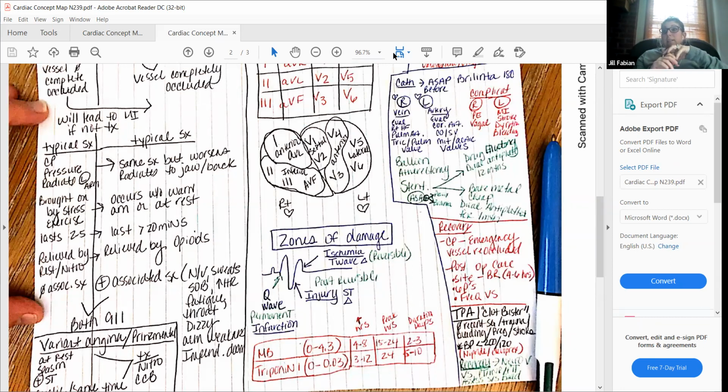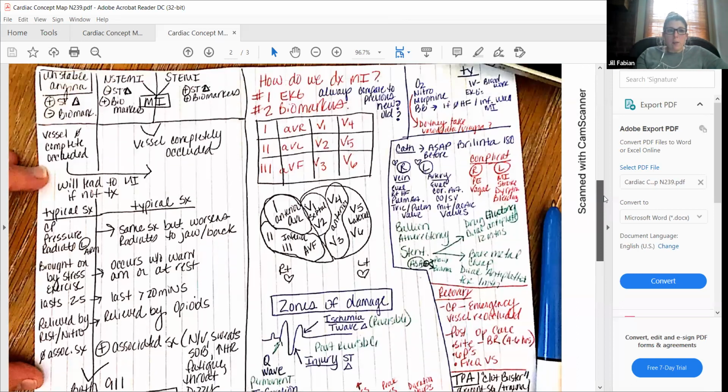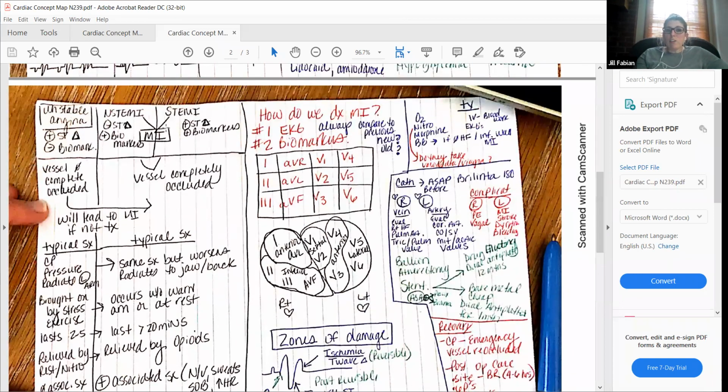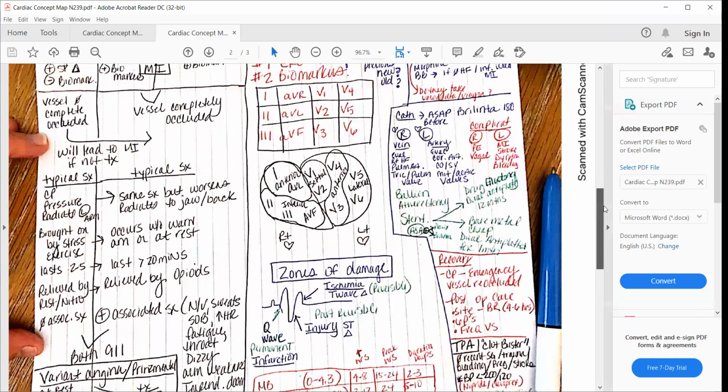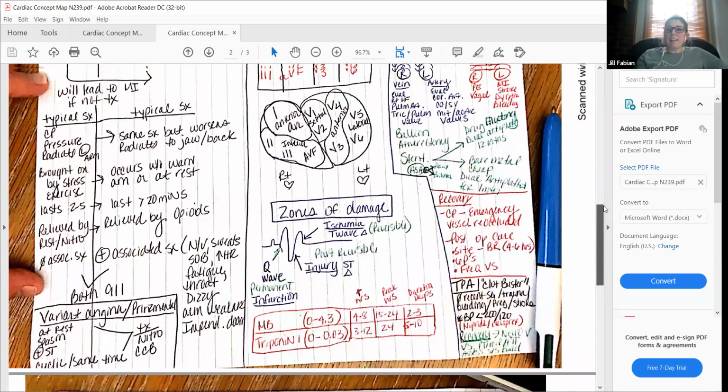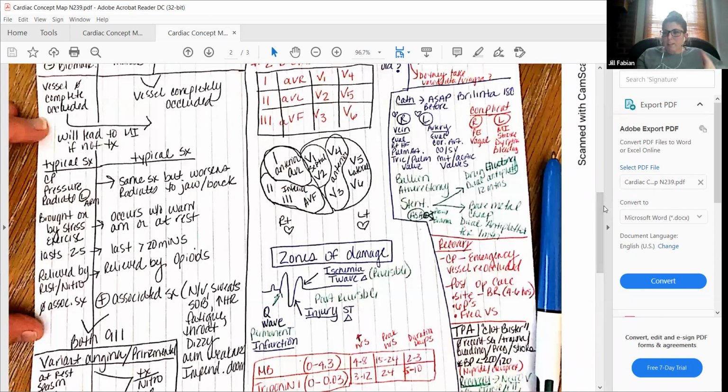So when we look up here, here we have an ST change. Here it says a negative ST change. When we're looking at this, we're looking at the ST elevation. It's not that it doesn't have anything to do with ST depression. It's just not that easy to say yes or no. It's not 100% yes this way or this way.